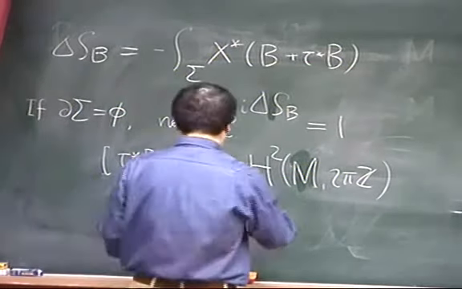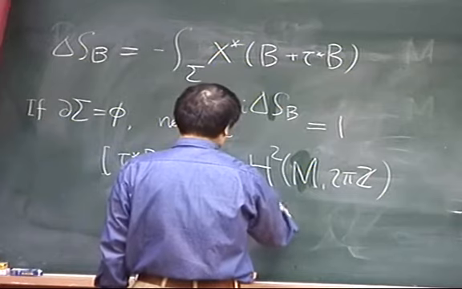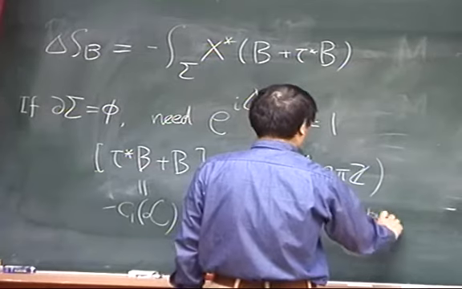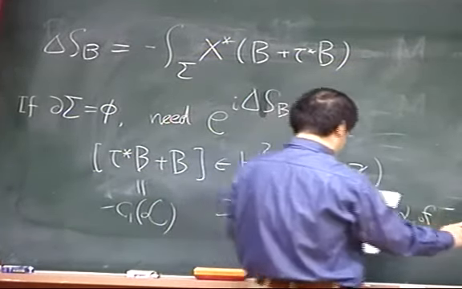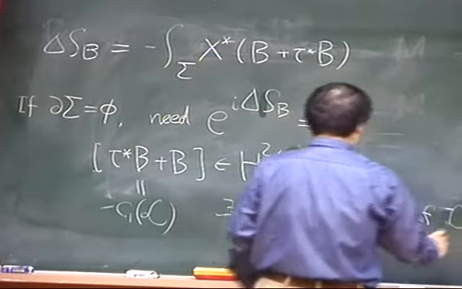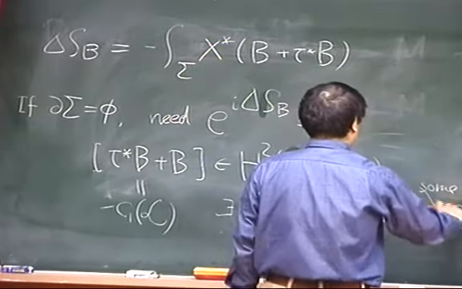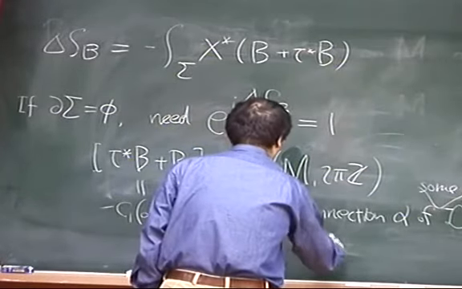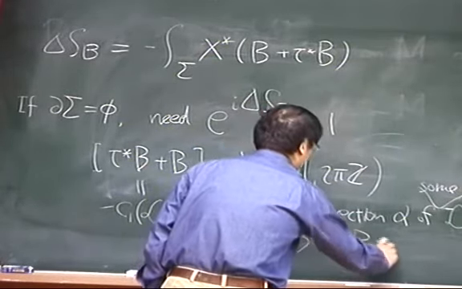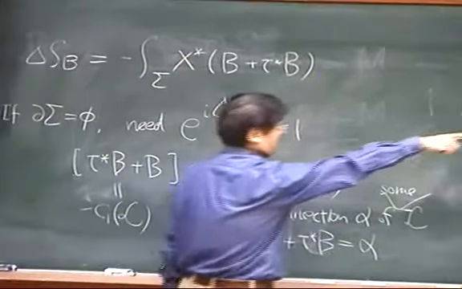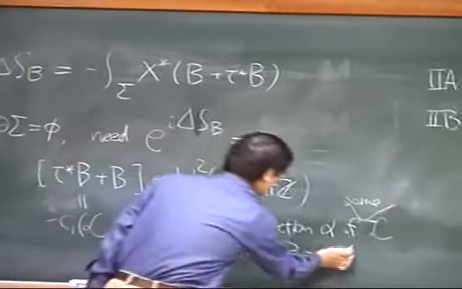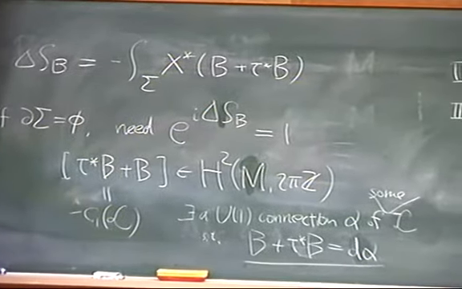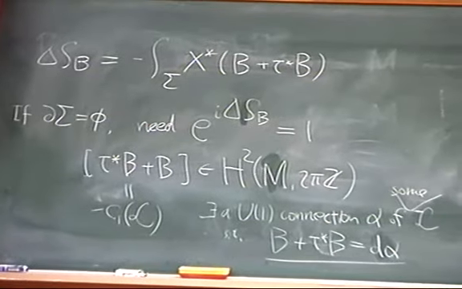In other words, there's a U(1) connection alpha of some line bundle such that this equation is satisfied. I'm not yet seeing the relation between this alpha and this alpha, but I'm just saying that there should be some alpha like this.